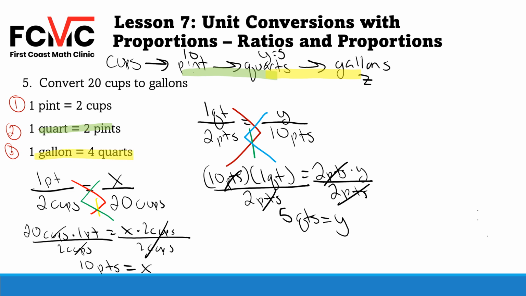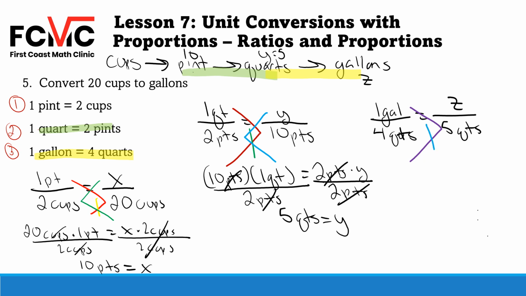So that's going to be right here. 1 gallon is 4 quarts. And we've got 5 quarts, so the 5 quarts is going to be the denominator over Z, the number, and Z is going to be the number of gallons in the numerator. So let's cross multiply.